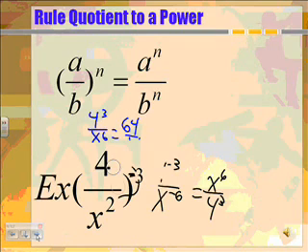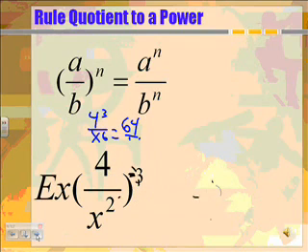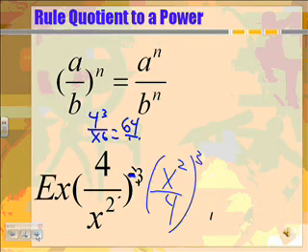Here's the other way you can do it. Not distribute. Some of you may like this. If you like that, do it that way. This is just another way you can do it. You have a negative exponent out here. What does a negative exponent do to a fraction? It flips it over. So flip over everything on the inside and make it a positive 3.